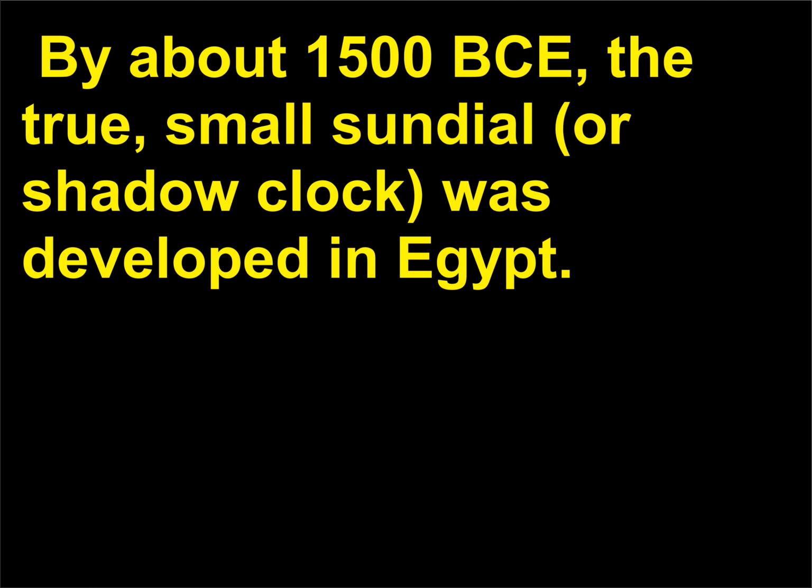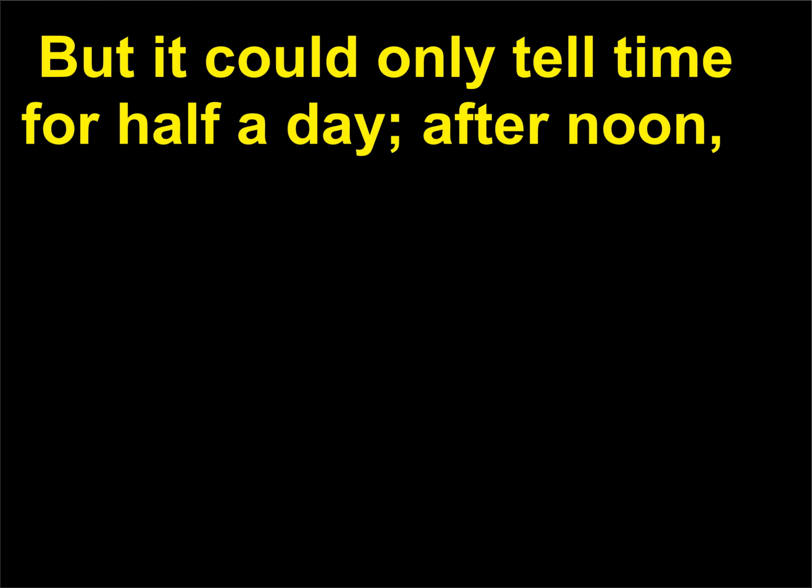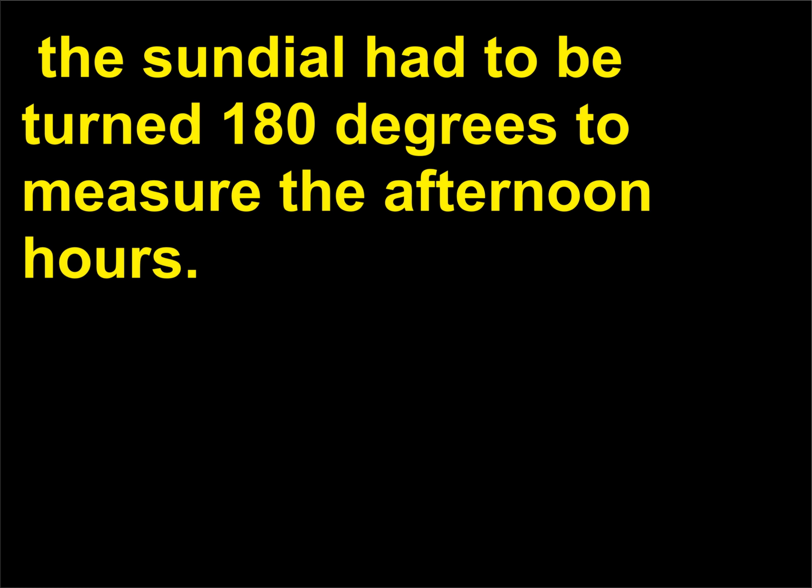By about 1500 BCE, the true, small sundial, or shadow clock, was developed in Egypt. It was divided into 10 parts, with 2 twilight hours marked. But it could only tell time for half a day. The sundial had to be turned 180 degrees to measure the afternoon hours.